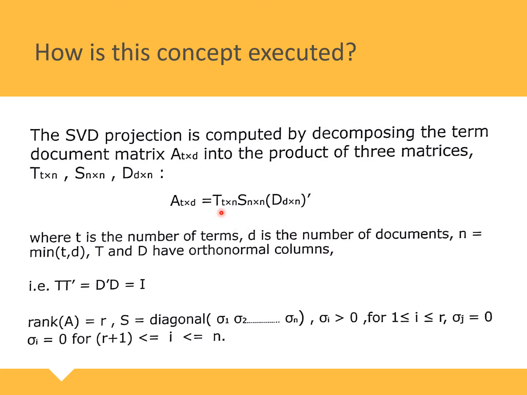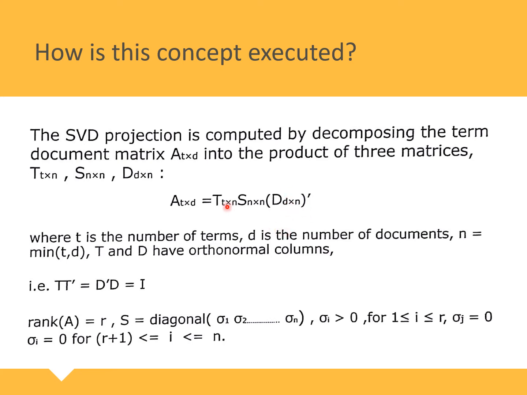The first is a T cross n matrix, T again being the number of unique words or tokens. S is an n cross n diagonal matrix, and D is a D cross n matrix, D being the number of documents or observations.